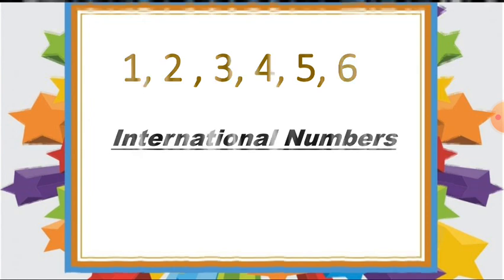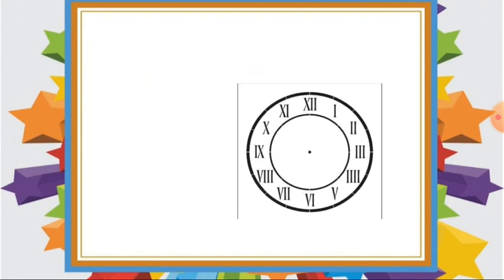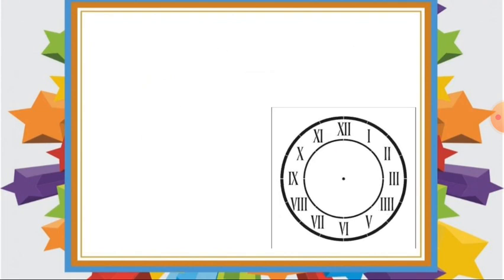Students, can you see this watch on the screen? You must be thinking that instead of numbers, there are certain symbols over here. What are they useful for and why are they written over here?